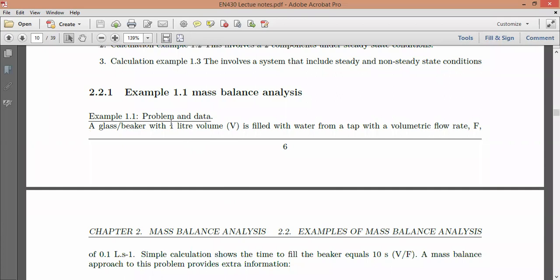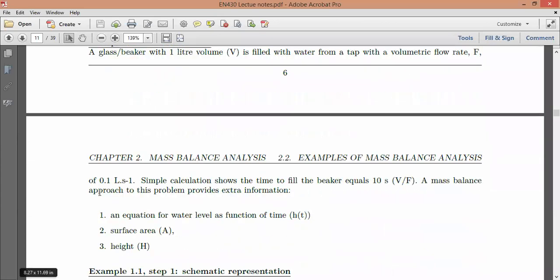So a glass beaker with a 1 liter volume is filled with water from a tap with a volumetric flow rate F of 0.1 liters per second. A simple calculation shows the time to fill the beaker equals 10 seconds. So V over F shows us that's equal to 10 seconds. A mass balance approach to this problem provides extra information.